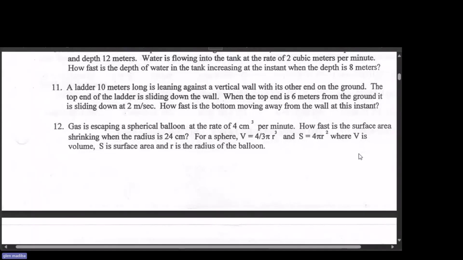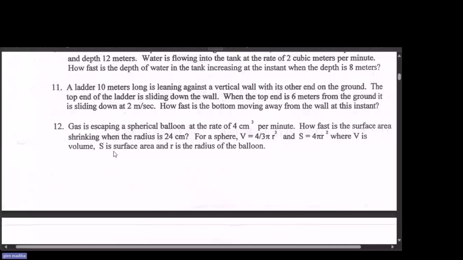Remember, they said to us the surface area is given by this capital S. Do you see my cursor? Yes, S is the surface area. So what is it that they're looking for? They're looking for dS over dt. Okay?